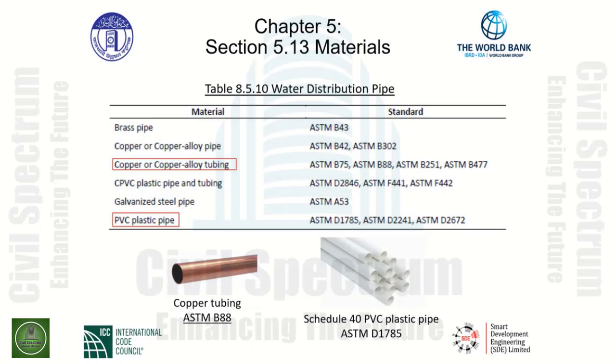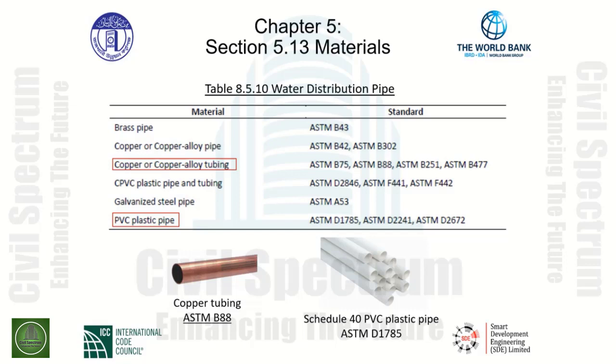Applying the table 8.5.10 for water distribution pipe materials, we find a copper tubing that may be selected for our water distribution system. The associated standard is ASTM B88 for that particular copper tubing material.